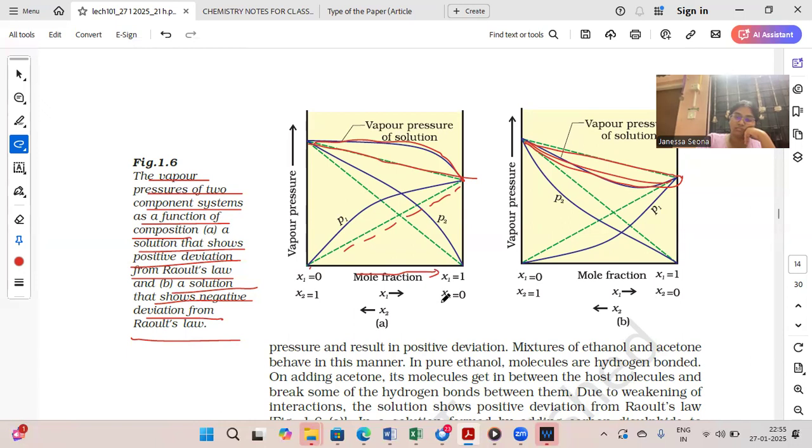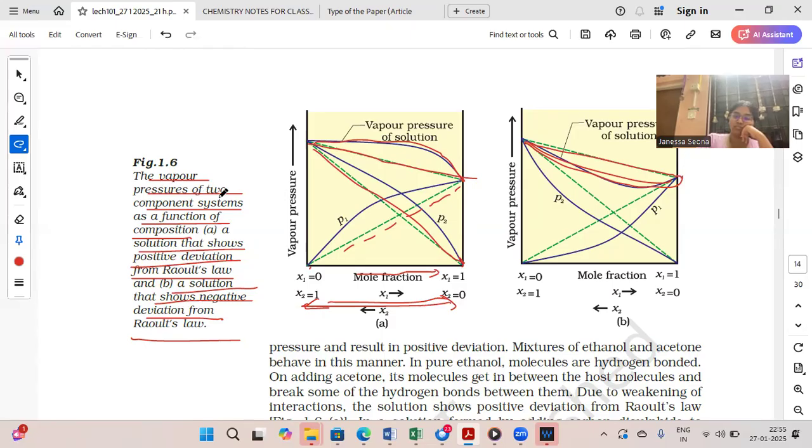Likewise, when component 2 is increasing this way, or if it is decreasing, then you observe a decrease in vapor pressure of component 2. This is P2. Neither the vapor pressure of P1 nor the vapor pressure of P2 are agreeing with the predicted values. They are deviating from the predicted values, the green lines, as per Raoult's law. That is why the vapor pressure of the solution is higher than the predicted value.